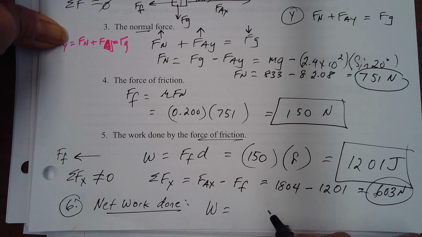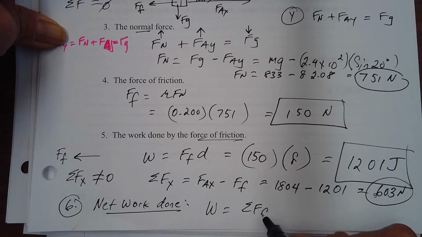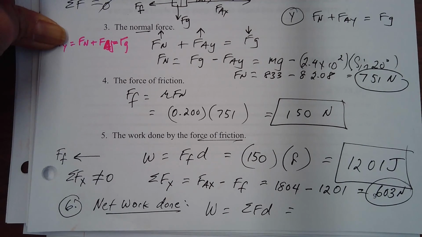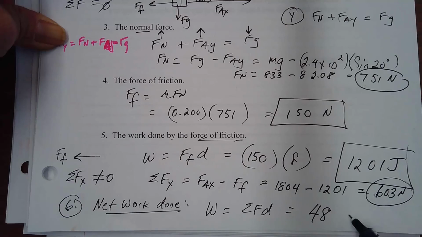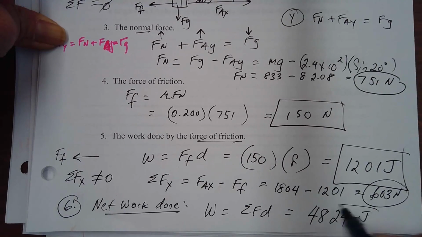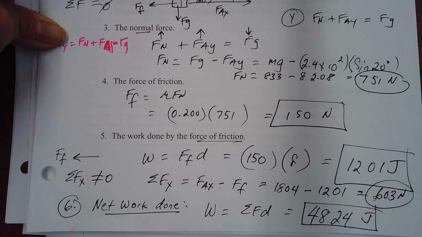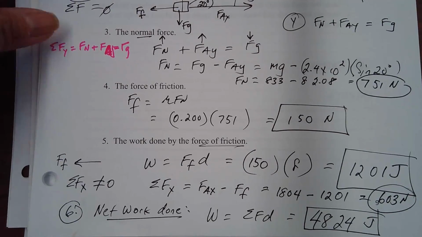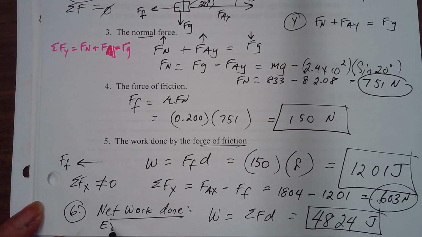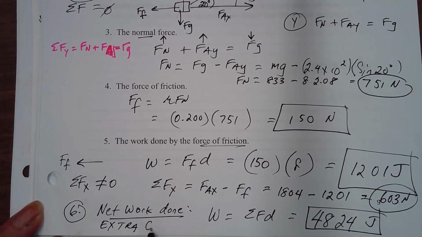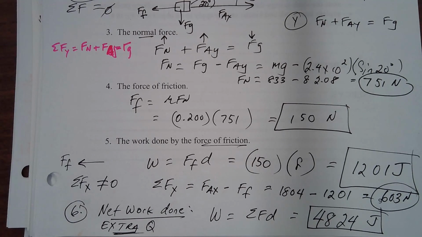So the net work done will be the net force times the distance. So we have 603 times 8, and you get 4,824 joules of work on this refrigerator. So this is an extra question if I were to ask you.